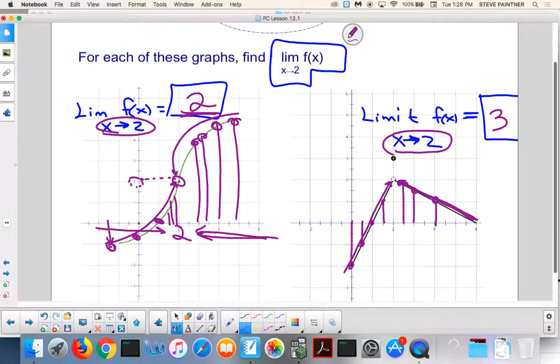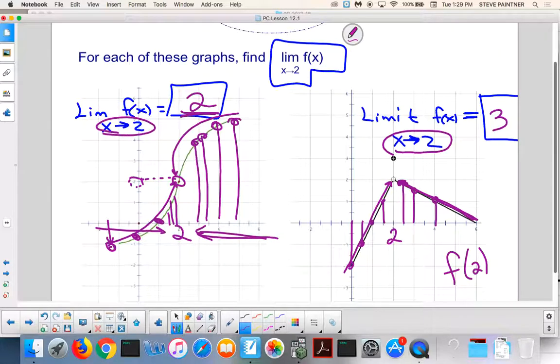Because 2 is another line. Because 2 what? When you looked up, you went like this, didn't you? 2 goes up. Does that point exist? No. Does that point exist? Yes. If I was talking about the function, if I just said, what's the answer to this, f of 2, you'd put 2 in and you'd go, nope, that's not the answer. 3 is the answer.